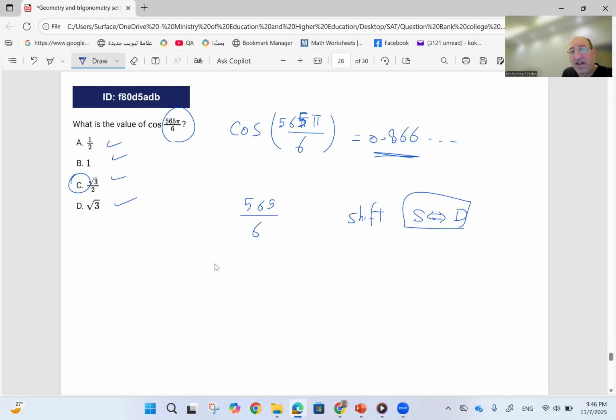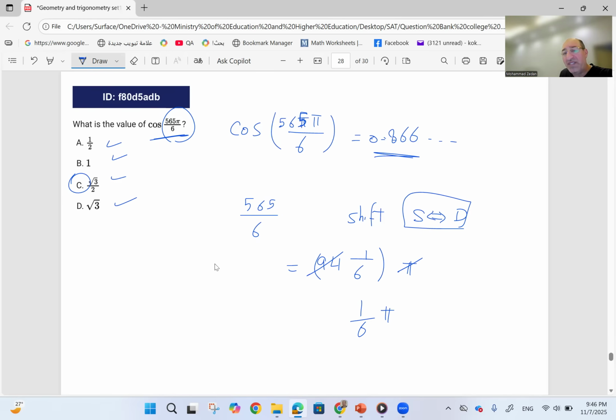You will convert 565 over 6 to a mixed number: 94 and 1/6.